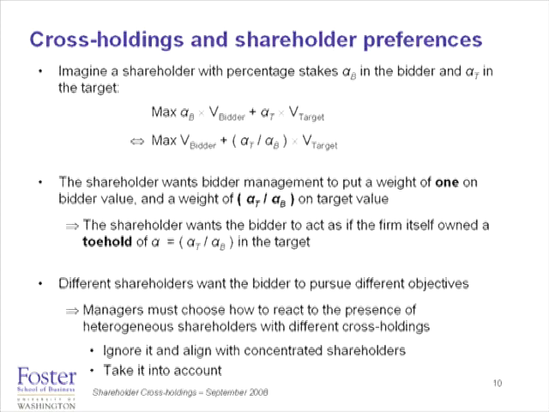They have options and so forth that put weight of 1 on the bidder and 0 on the target. So there's lots of reasons to think they might ignore it, but there's also reasons to think they might take it into account once you bring in other possibilities of why they might want to pursue the bid and so forth.